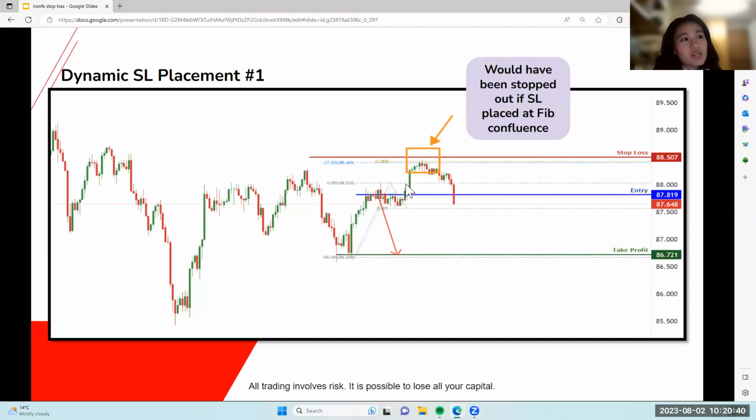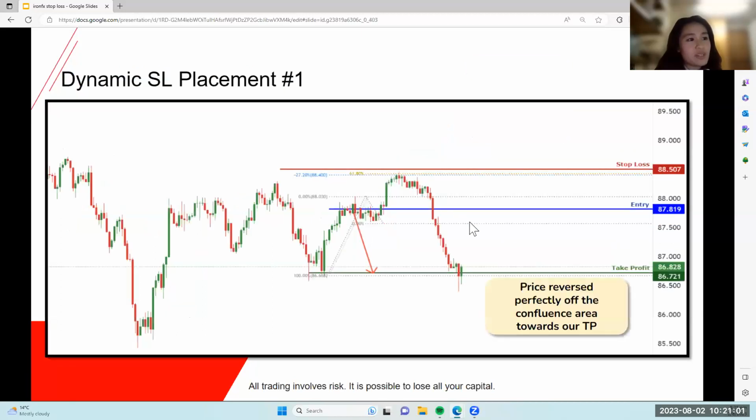So what we do is we place our stop loss beyond it. You can see if I placed my stop loss directly on this Fibonacci area instead of beyond it, we would have gotten stopped out. So we're expecting the reversal, and it hits right down to our take profit, which is exactly what it did here.